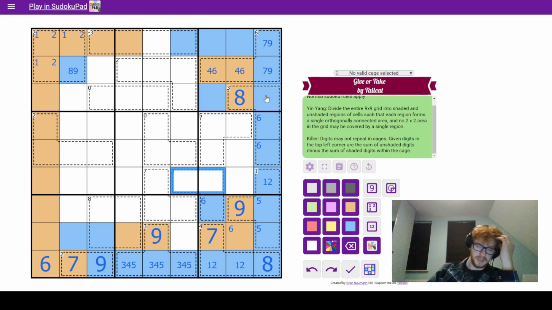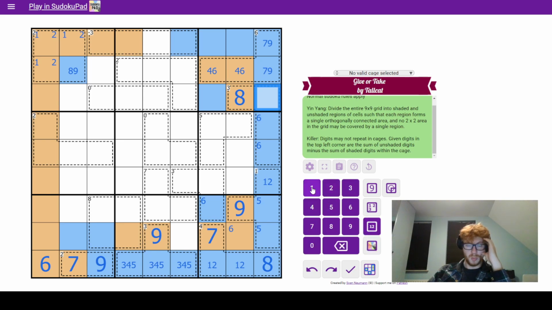Okay, so 11. Sorry for being quiet. I'm just staring at the screen thinking. 1 and a 2. So, okay, so what I was thinking is if this is 1 or 2, right? This has to be 11. That means this is a 4-6 pair, which means this is a 4-6 pair.